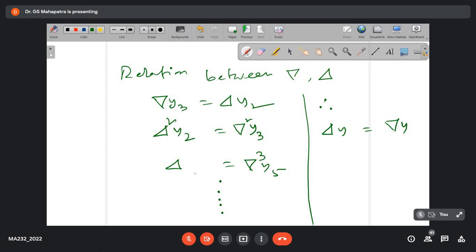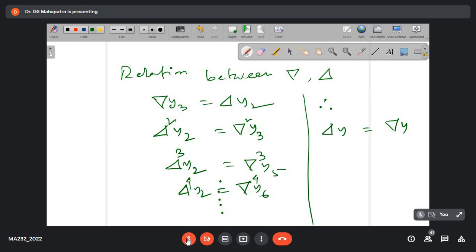Now nabla 3 y5 equals del 3 y2. Okay, and so on. Now, del 4 y2 equals nabla 4 y6.